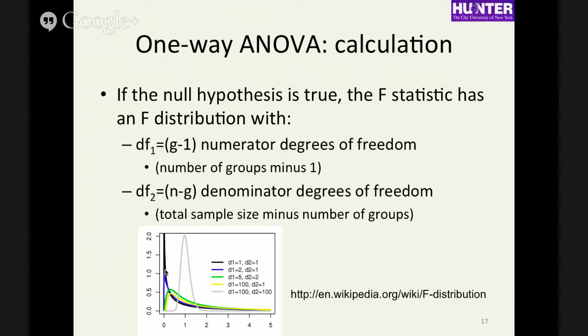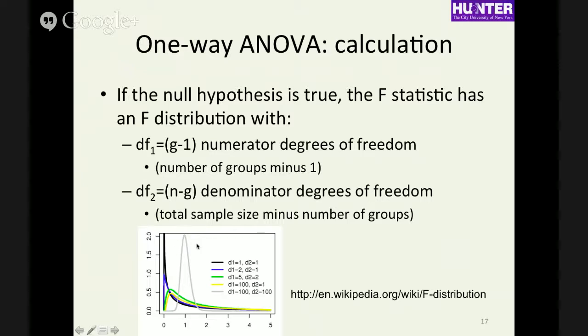Now, the reason is that when you have very few samples within each group, it's hard to have a large within group. Your within group variability is going to tend to be large compared to your between group variability.